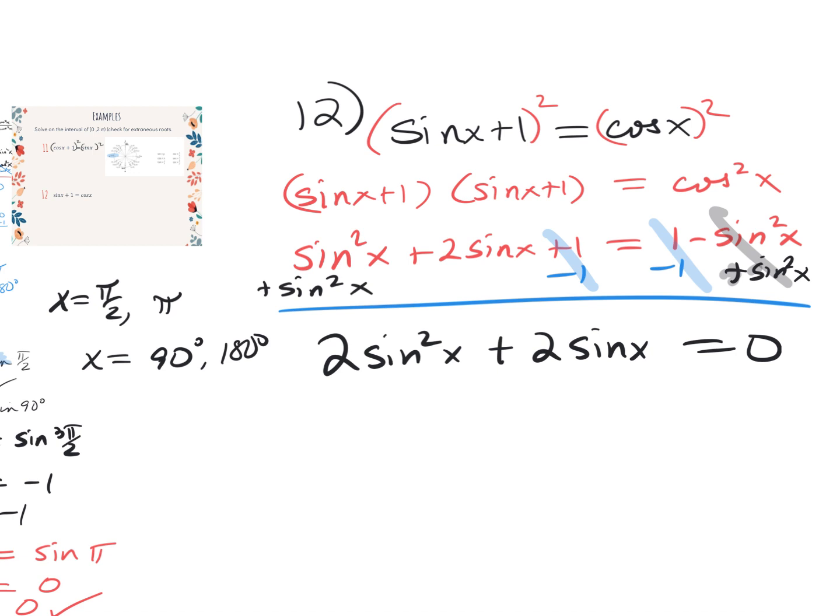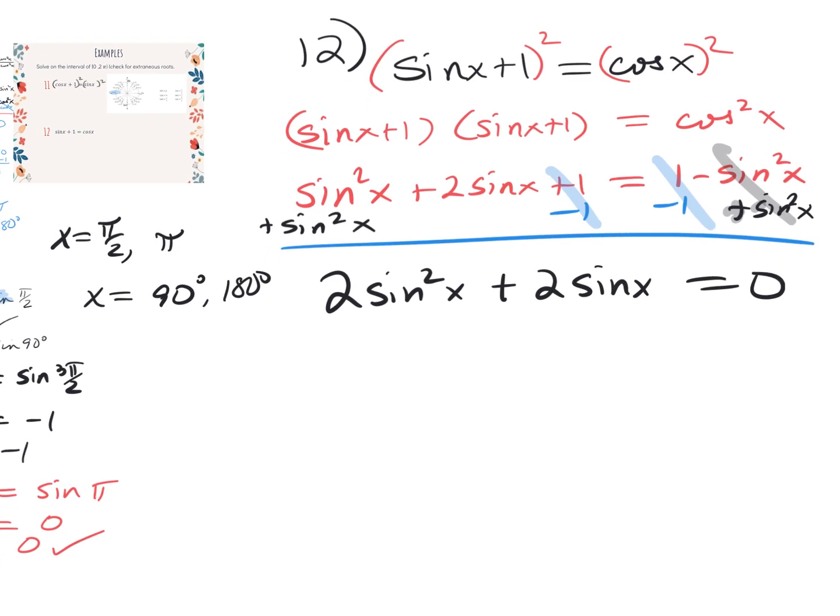Just like before, I'm going to factor a GCF. My GCF is going to be 2 sine x. After I divide, I'm left with sine x plus 1.